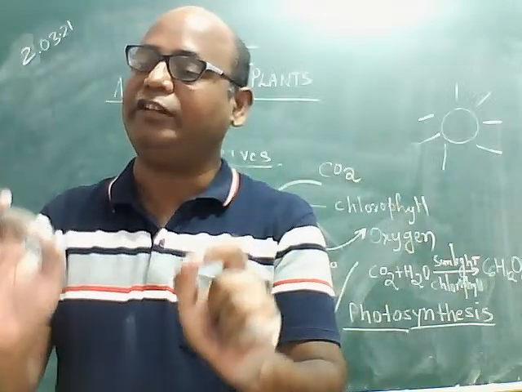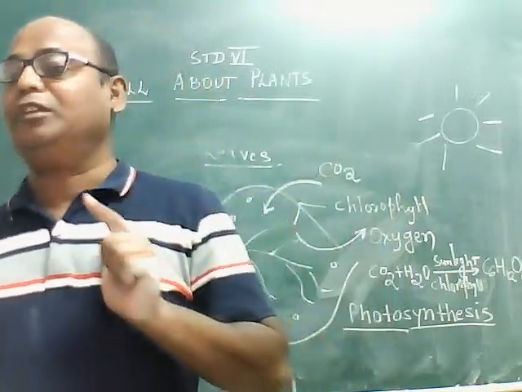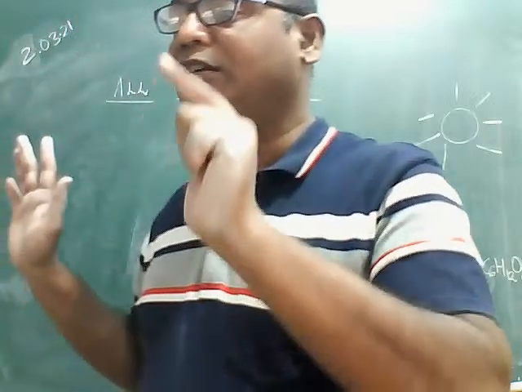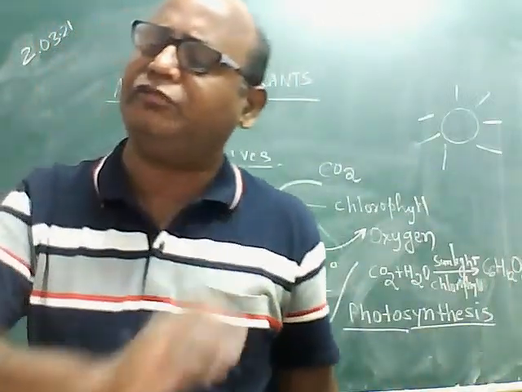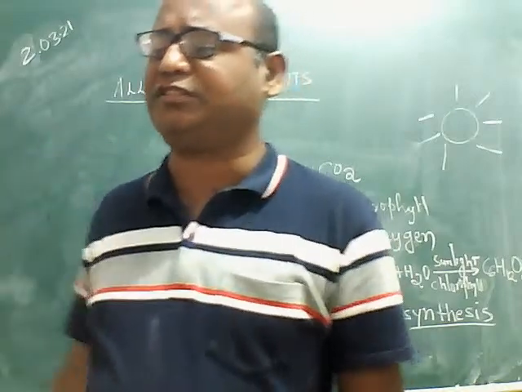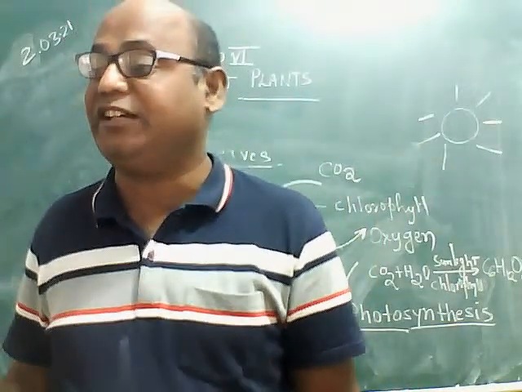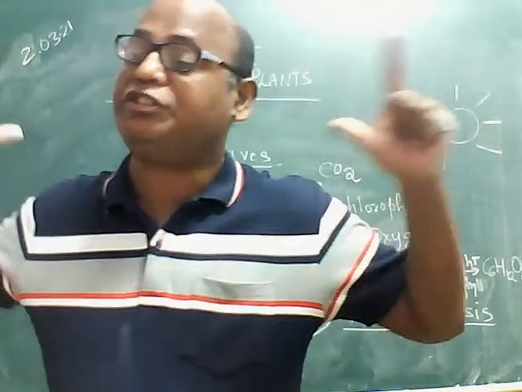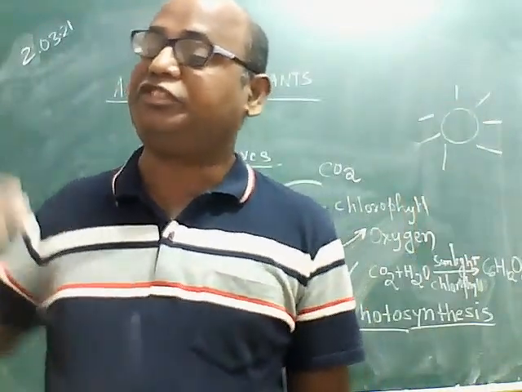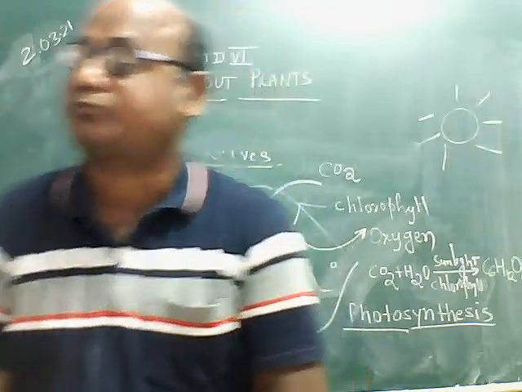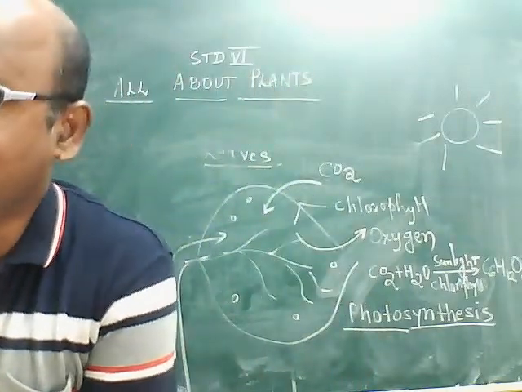Now we are feeling it is very simple, but when you go to standard 11th and 12th, it is a very interesting process and it takes place in many steps. There is a cycle, the Krebs cycle, and many steps. It is a very systematic, stepwise process that you are going to study in higher classes, in 12th.